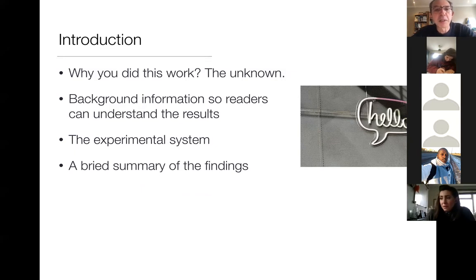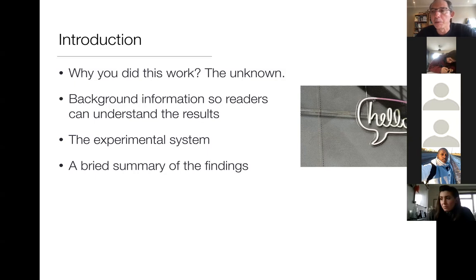Okay, what's in the introduction? The introduction is quite straightforward, really. You want to basically say first, why did this work? Which again, if you've gone through the exercise of writing that unknown sentence, that's already there, because you're going to tell the world what the unknown is. So that's quite straightforward. And also, this is where you provide background information to readers so they can understand the results.